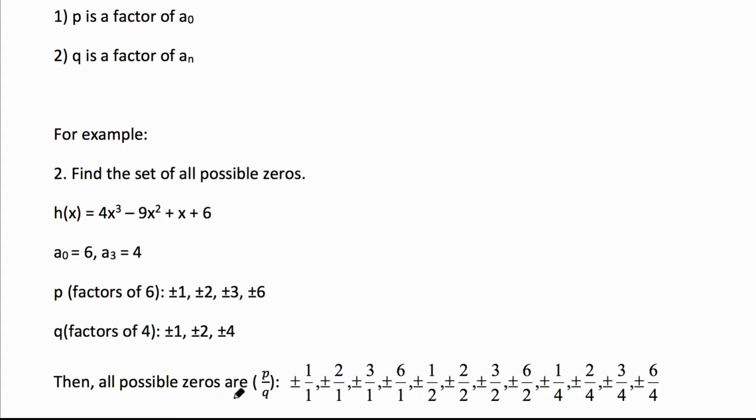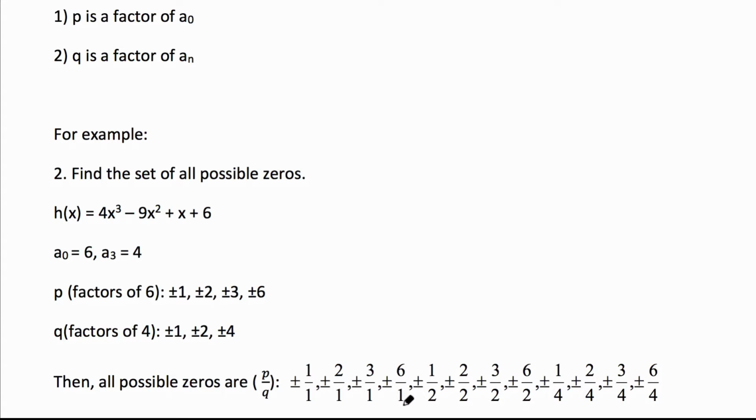Then how do we write the possible zeros? First, I'll walk you through the pattern and then we'll learn how to simplify them. Since 1 is always a factor of the denominator, we first get the integers. Typically, I write them out: 1, 2, 3, 6, all over 1, and again they could be positive or negative.